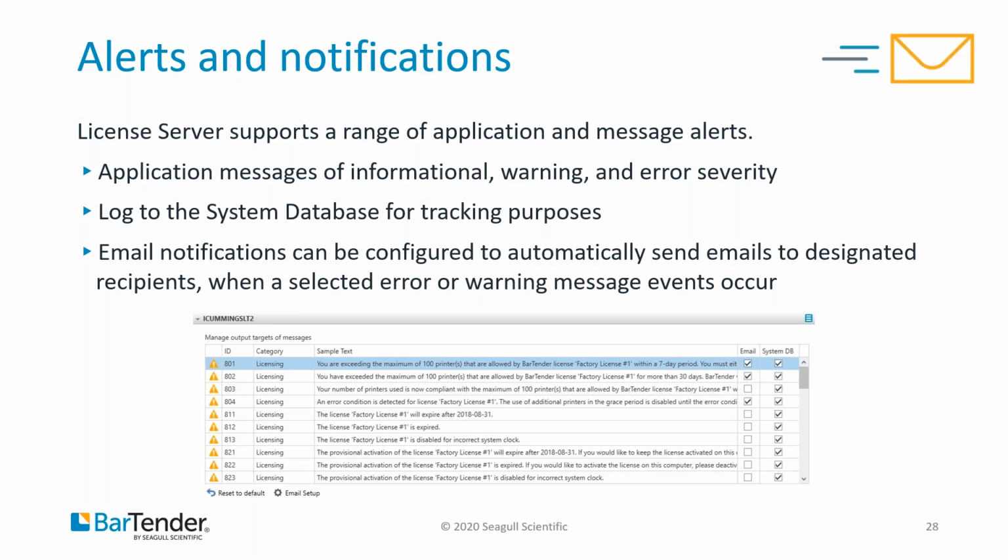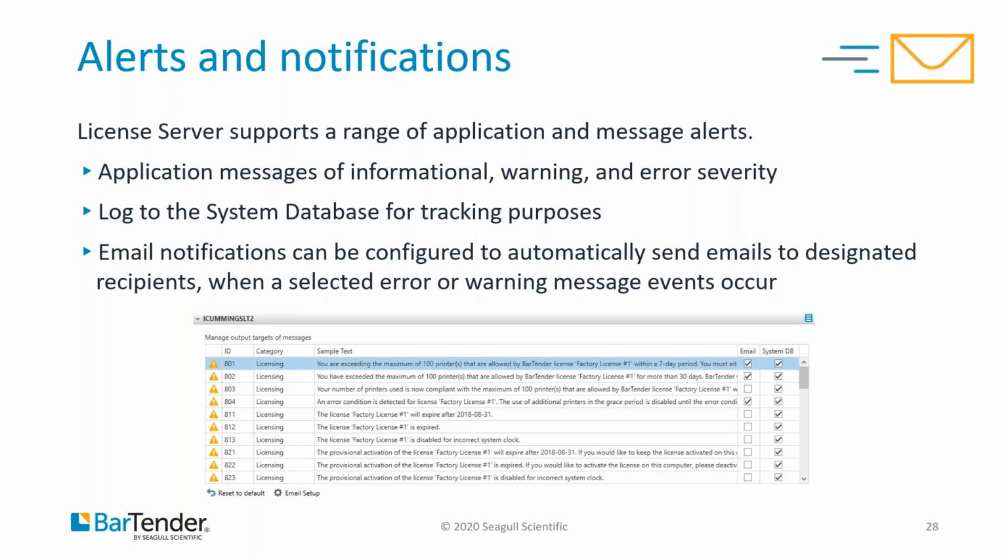These alerts can be logged to the system database for tracking purposes. But if the event is particularly serious, we may wish to notify an admin person of the problem so that they can start fixing it in a proper amount of time.